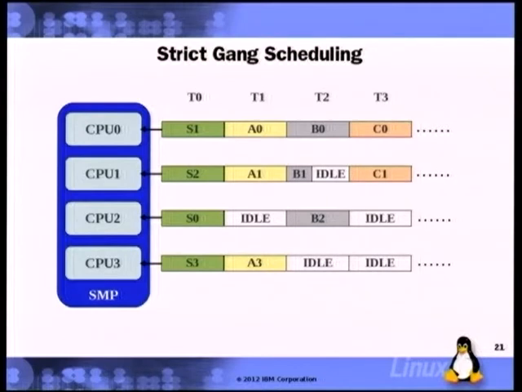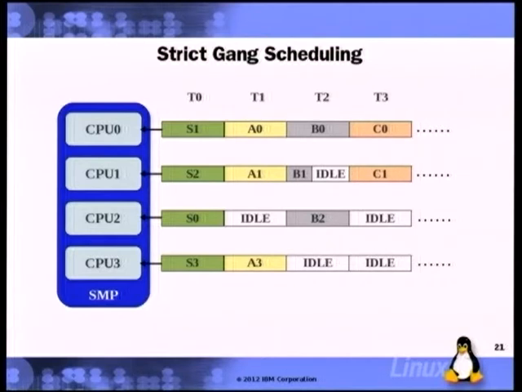One is strict gang scheduling. What we see on the slide is that at T0 we have all system tasks. At T1, what happens on CPU 2? The vCPU thread A2 is sleeping on something and is not available to run. One option is to idle it, so in strict gang scheduling we idle that CPU.